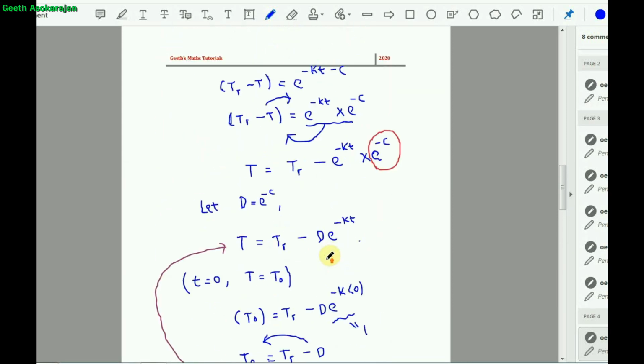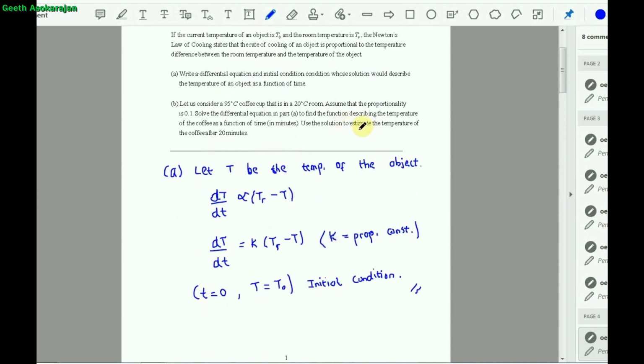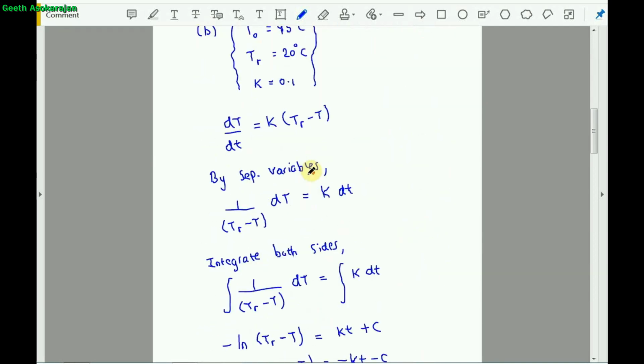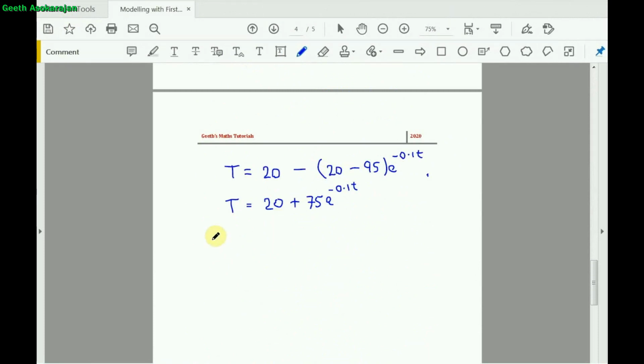But we're far from finished, because we need to use this solution to estimate the temperature of the coffee after 20 minutes. So 20 minutes refers to small t, the time being 20. So let's replace t by 20 in our solution here.